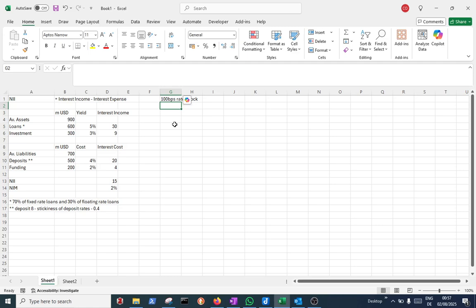In terms of loans, most probably they will be reflected quite accurately. And if we have a 1% shock, that will be translated into the rates we receive on loans. So we shall have 6%.